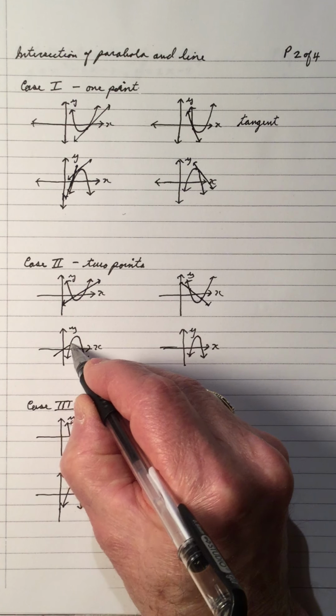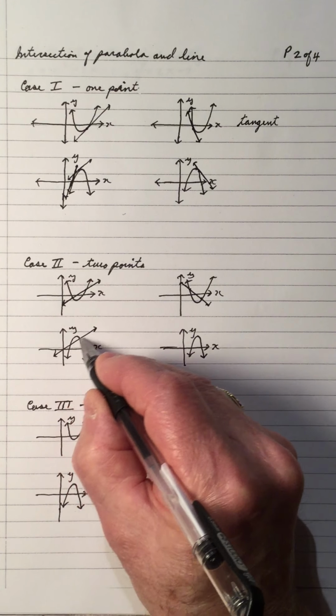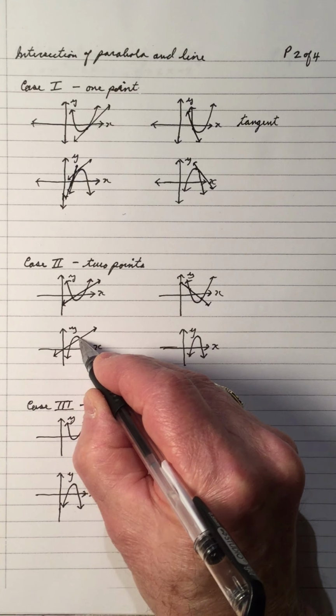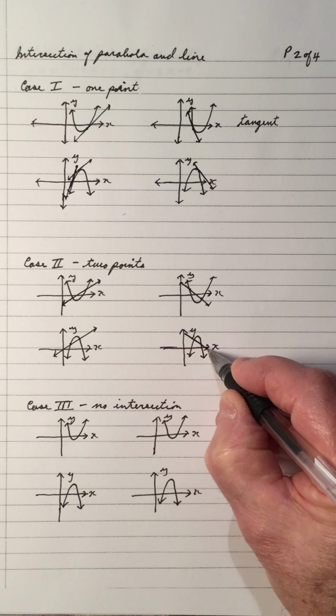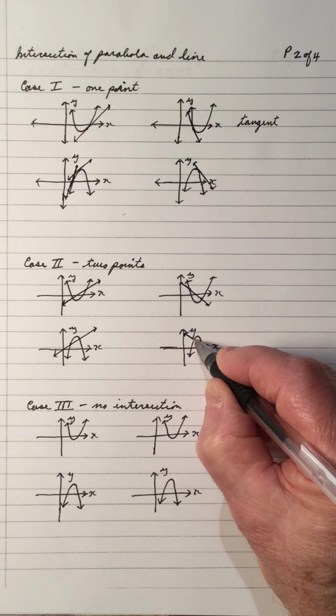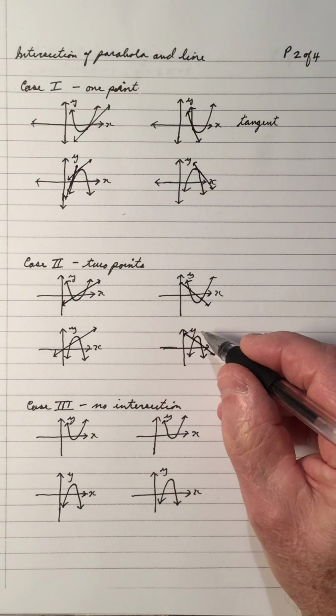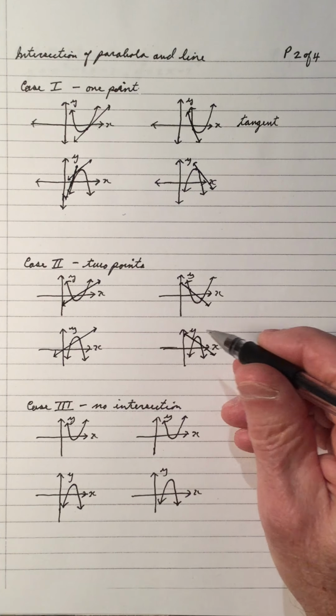So a positive slope of a line is this one, intersecting at these 2 points. Or the negative slope of a line is like this, intersecting the parabola at 2 points. So this is the case where the line intersects the parabola at 2 points.